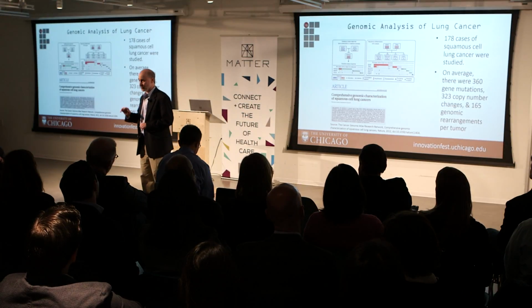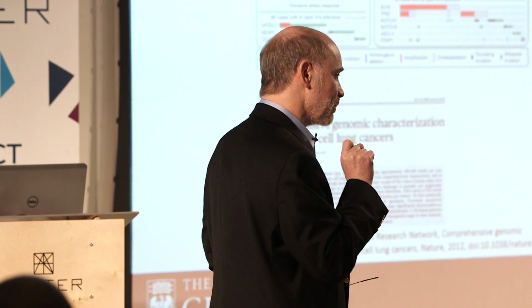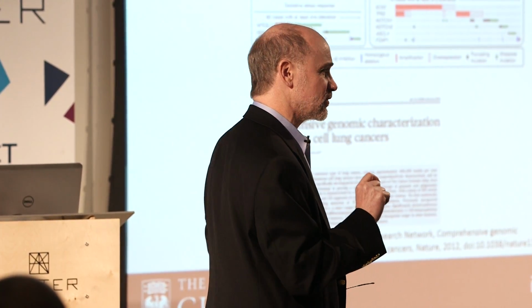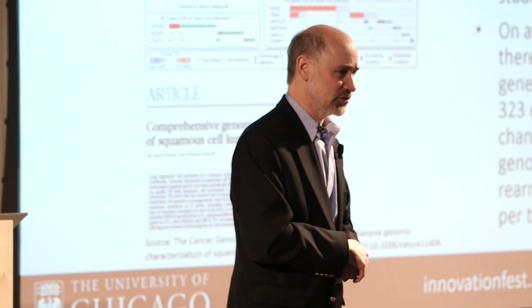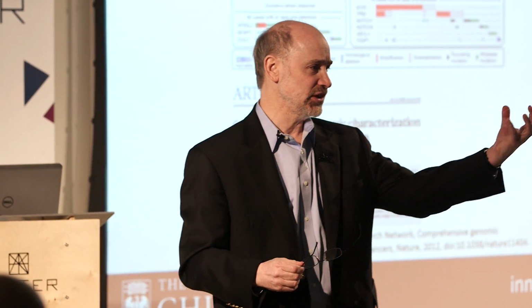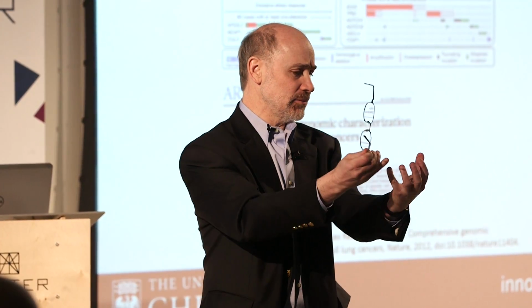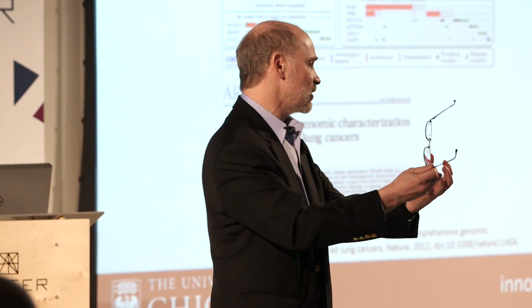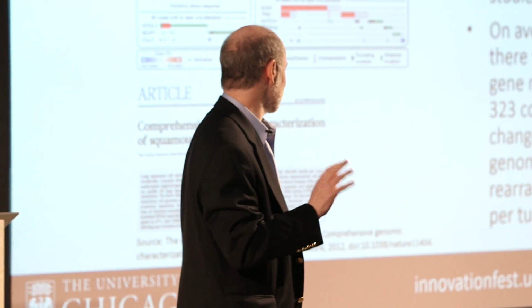And here's a simple example. In this type of lung cancer, for a particular tumor, if we sequence the tumor, the average number of mutations is 360. The average number of rearrangements, if I take a little DNA here and take a little DNA here and rearrange them, sometimes fuse them, the average number of rearrangements for a tumor is 165.